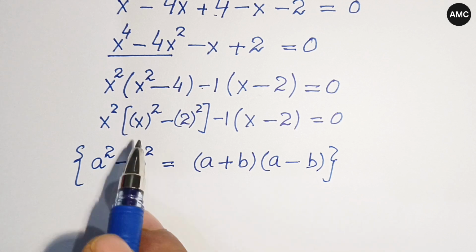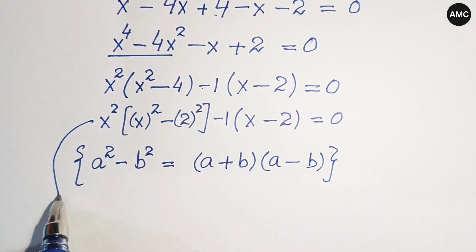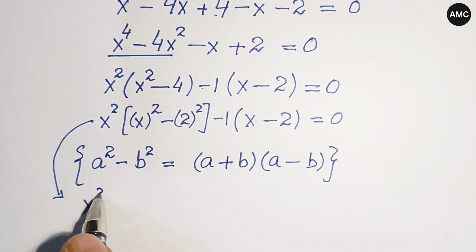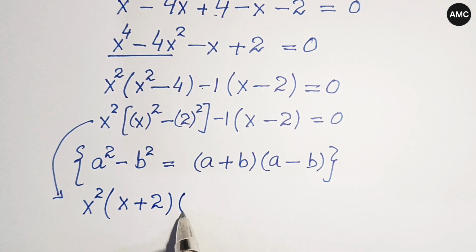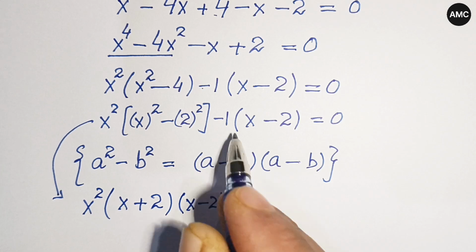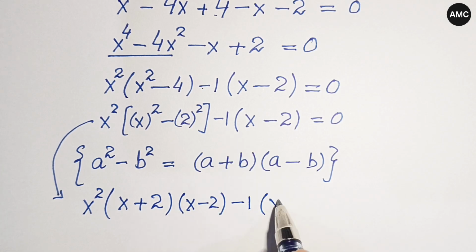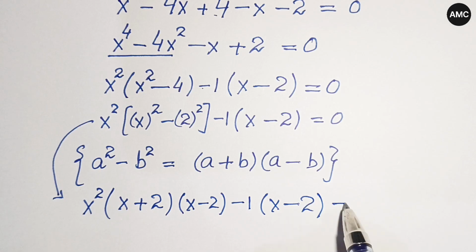So applying this formula here, our step will be x squared times (x plus 2) times (x minus 2). Here we have minus 1 times (x minus 2), that is equal to 0.